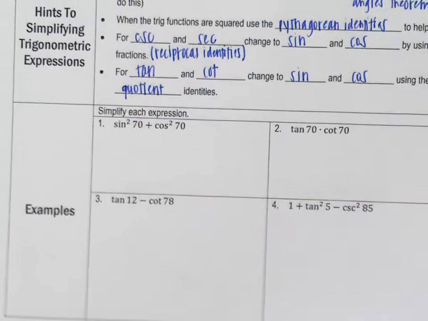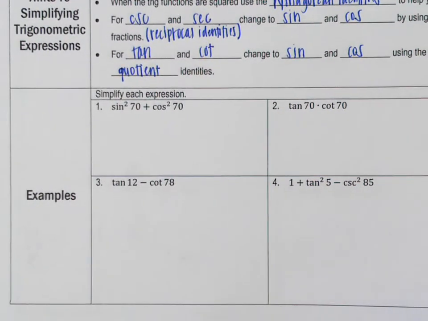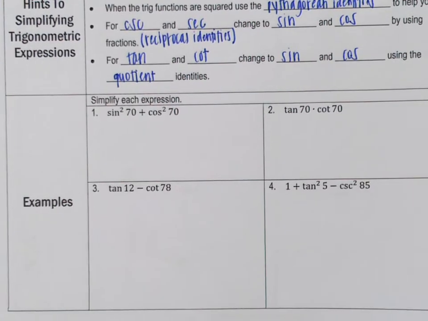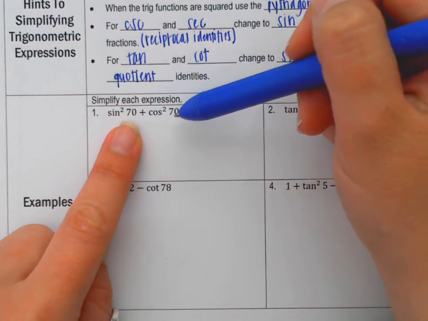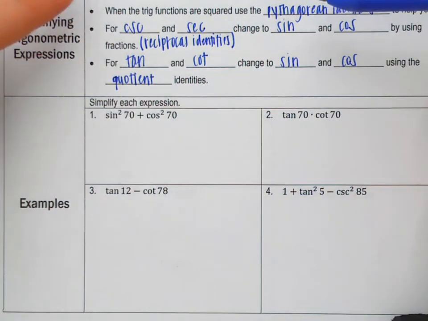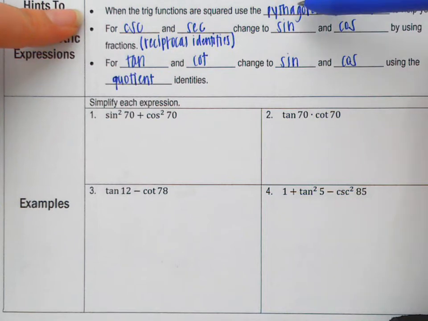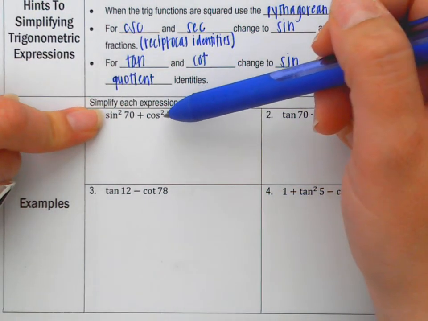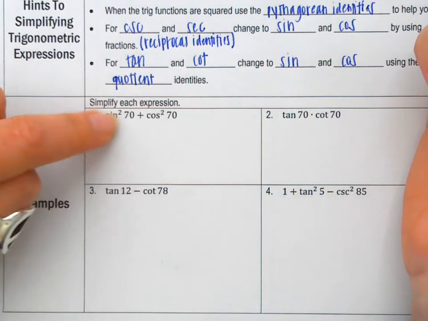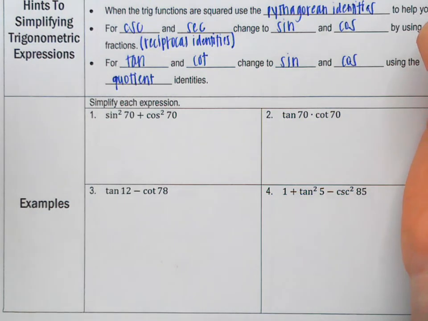So here we go. Our first one, we look to see, do they both have the same angle measure? And they do. So step 1's good. The next thing I want to think about is, are they squared? And they are. There's sine squared 70 plus cosine squared 70. Because they are the same angle, that tells me, what does sine squared theta plus cosine squared theta equal?